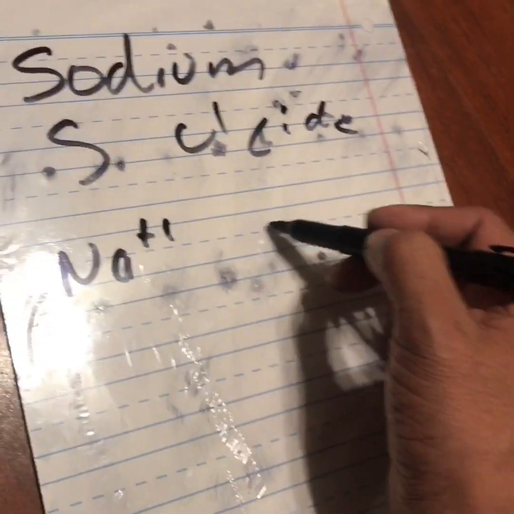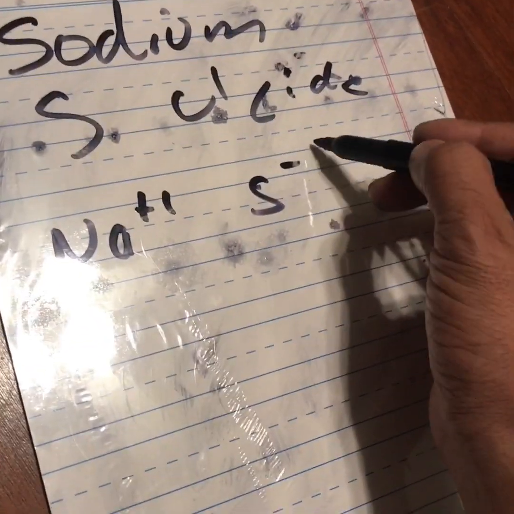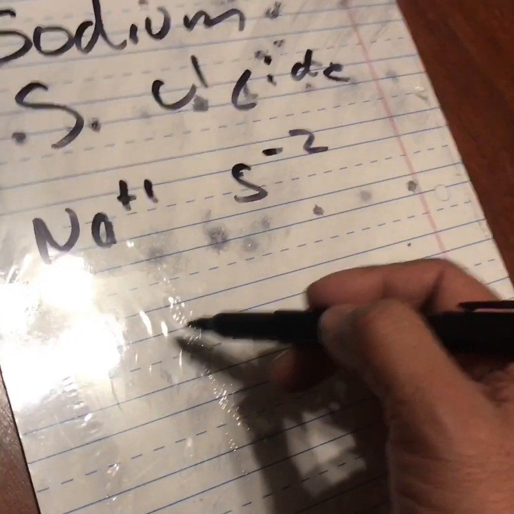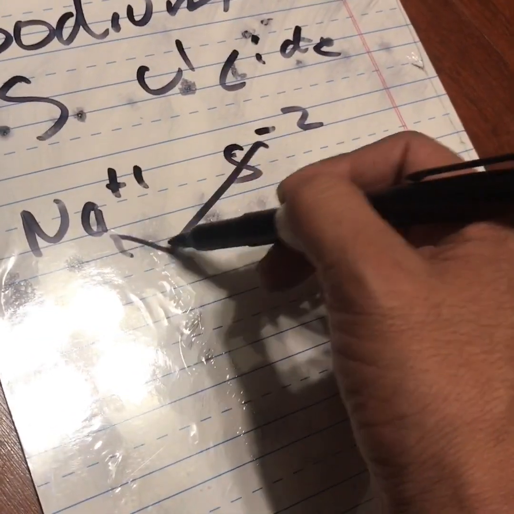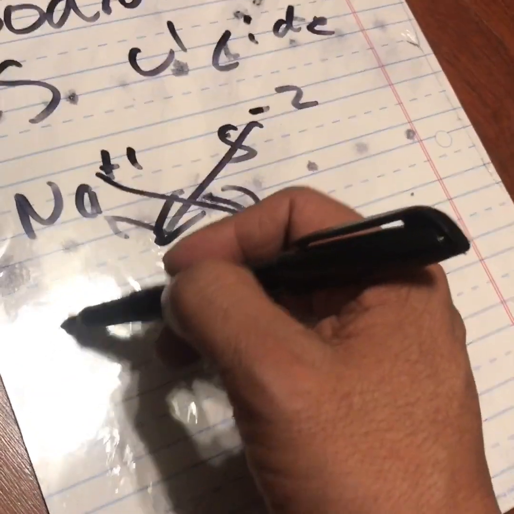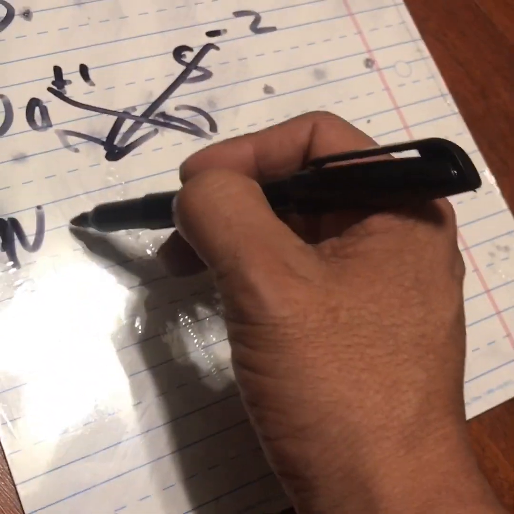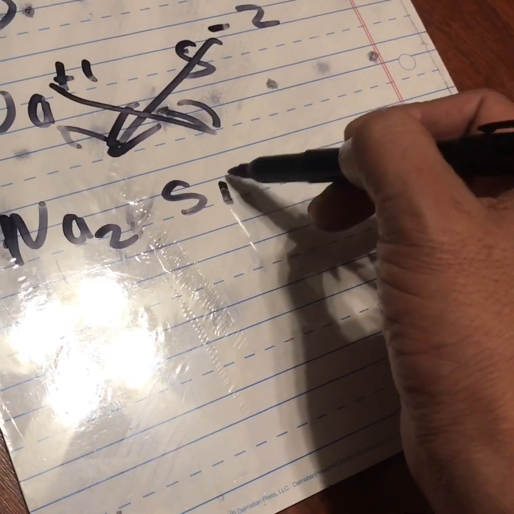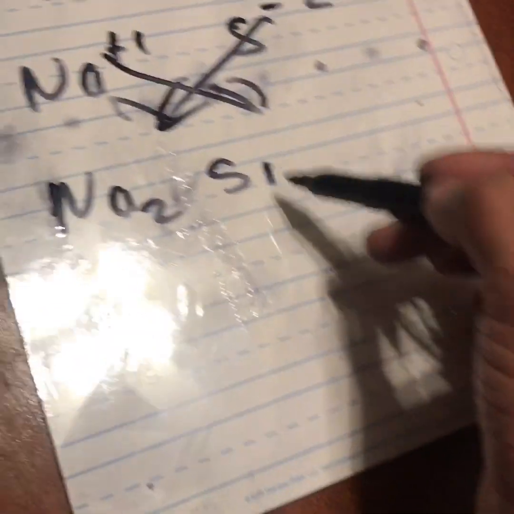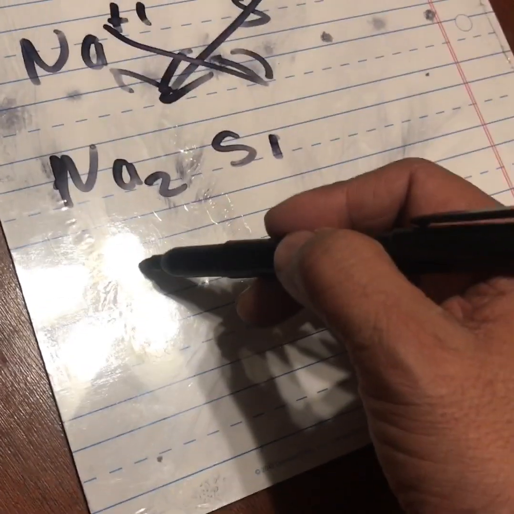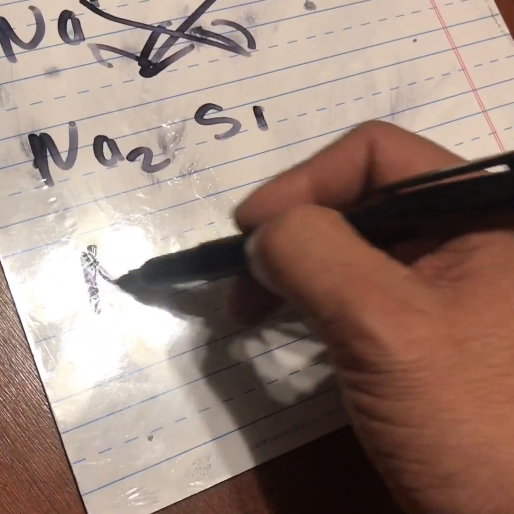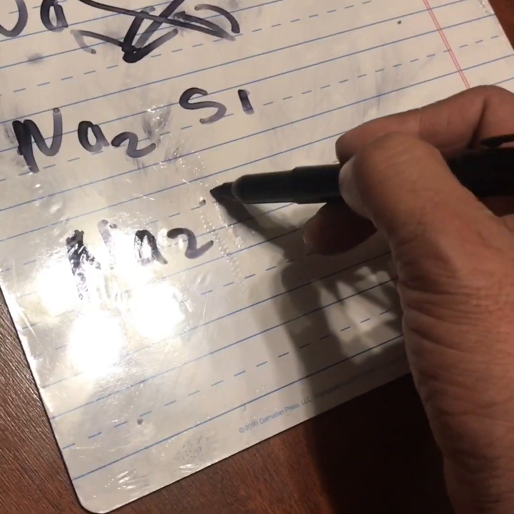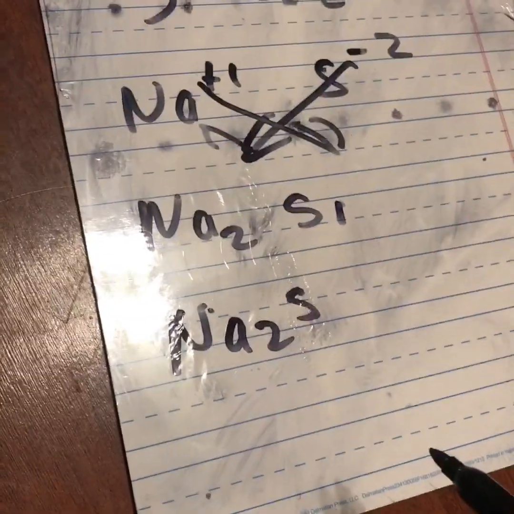We know that sodium has a positive charge of 1, sulfide has a negative charge of 2. So the same method, we're going to crisscross. We have sodium 2, sulfide 1, but since we only have 1 here, we don't have to write it down, so this will be the final formula.